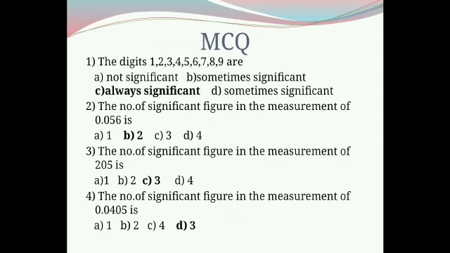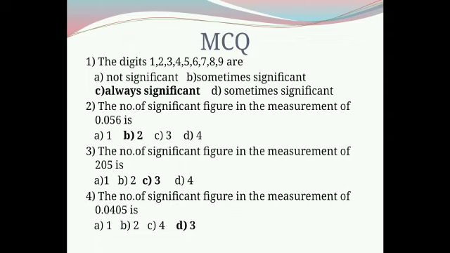As we know the rules, the answer is B, 2, because the first 0 comes before the decimal point, it is not considered a significant figure. The second 0 is on the right side of the decimal point, but it comes before the non-zero digit, and therefore it is not considered a significant figure.